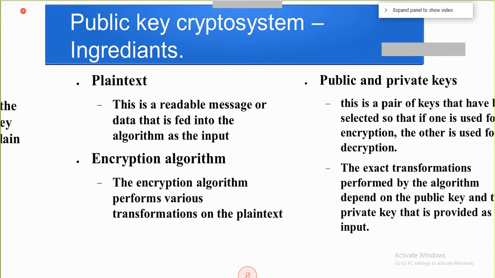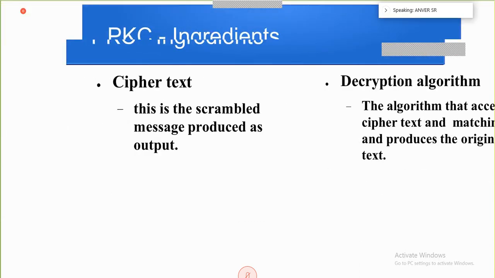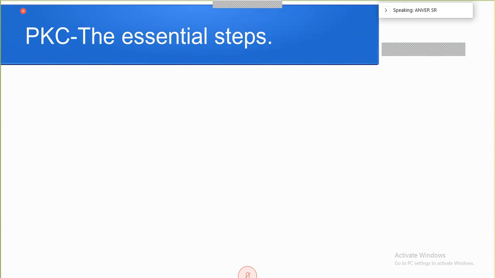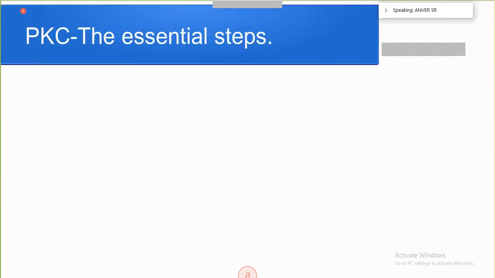Then the fifth is the ciphertext, and the sixth is the decryption algorithm. There is nothing to explain there. So there are a total of 6 ingredients.